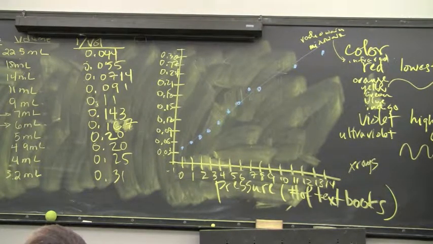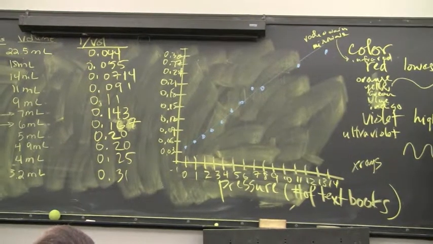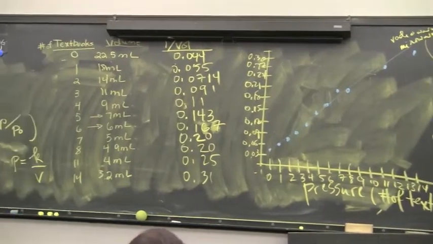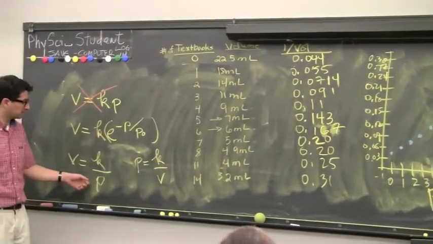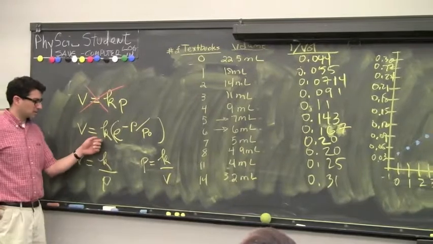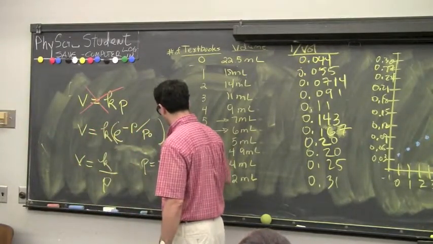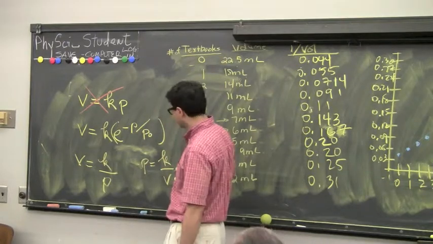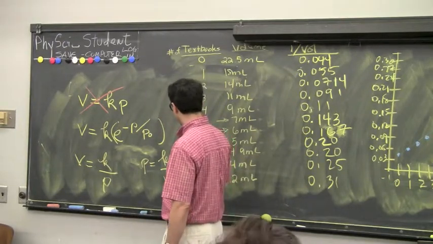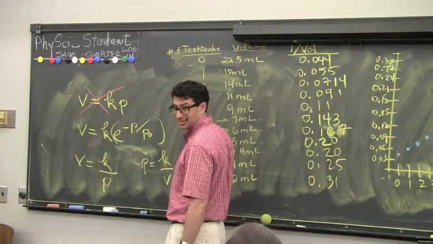So you could conceivably have guessed other things too. Charlotte guessed that it was going down faster, basically, than this. You might have said, oh, I think it's going down faster, but not quite so fast. So you could have imagined trying p over kv squared or something, or you could have had some constant here.